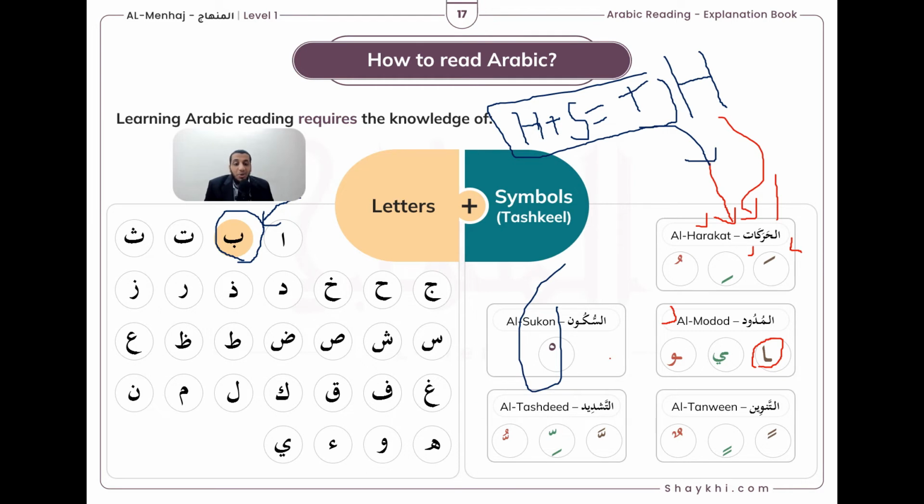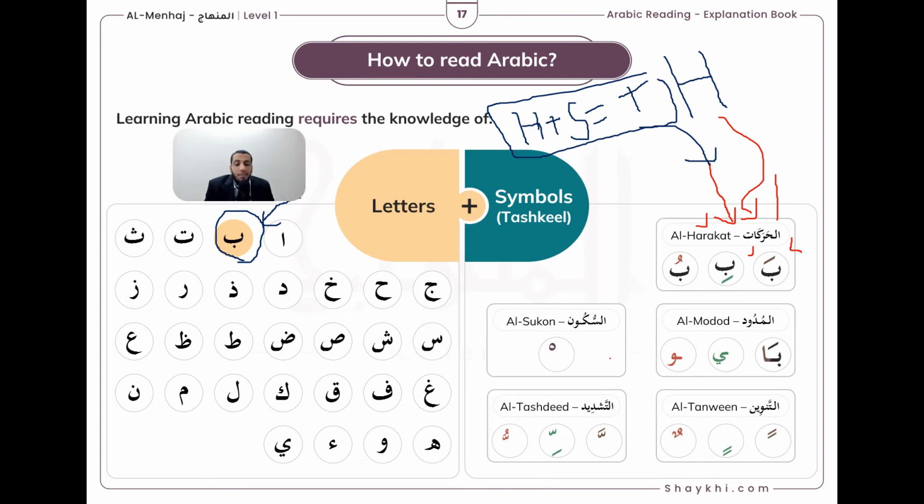Okay, so we will start now. Okay, so al-ba that has fatha will be ba, because we said adding a short vowel sound while we are opening our mouth. Ba. Okay, and then bi, and then bu, rounding the lips while adding a short vowel sound.